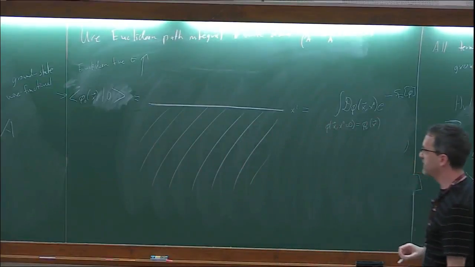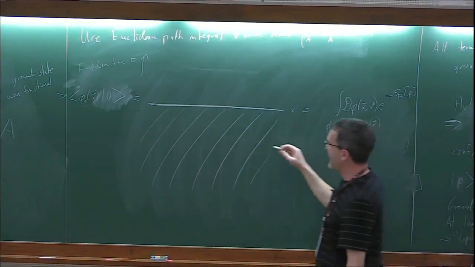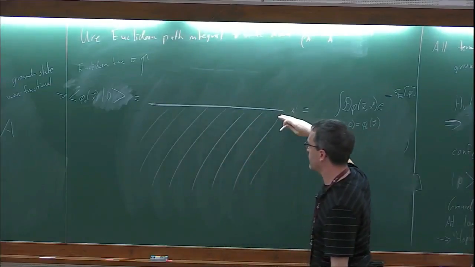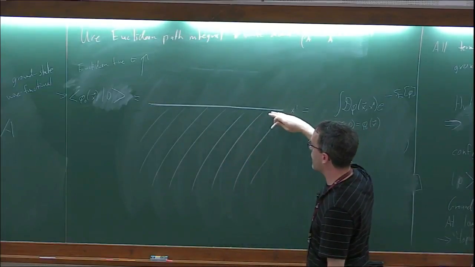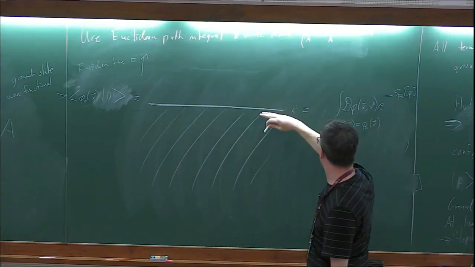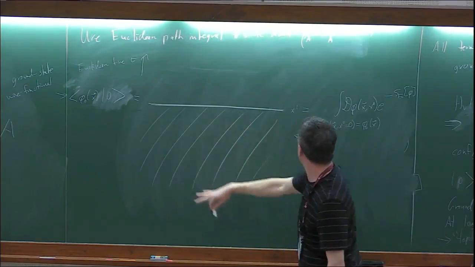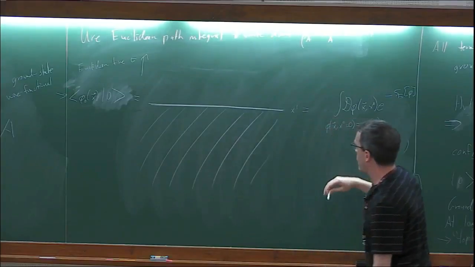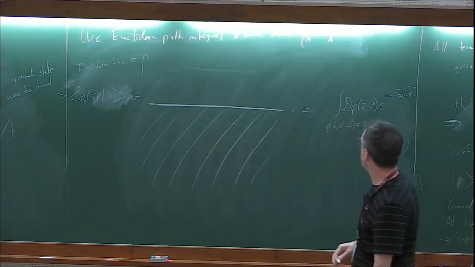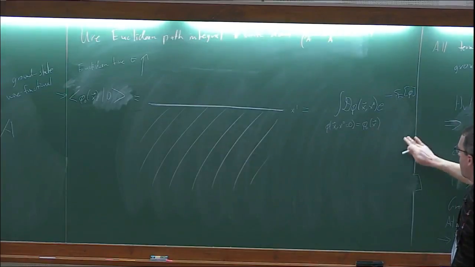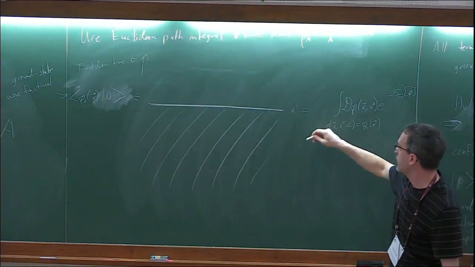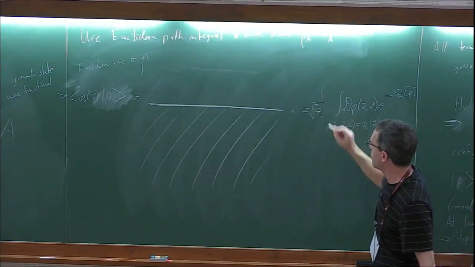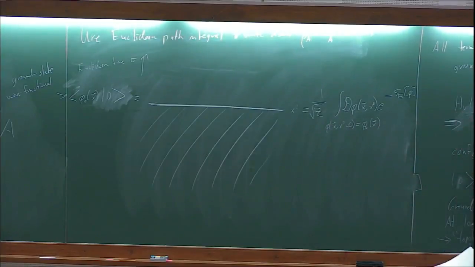It's like a position eigenstate, but a field eigenstate on this tau equals 0, or x naught equals 0, boundary. And then I do the path integral everywhere down here for x naught negative. Whatever amplitude I get is the wave functional, up to some normalization factor. I'll explain why I'm putting a square root there in a second. So I have a way of computing my ground state wave functional, at least formally.